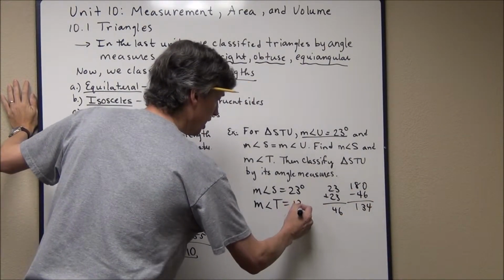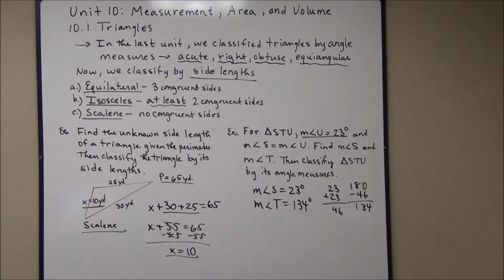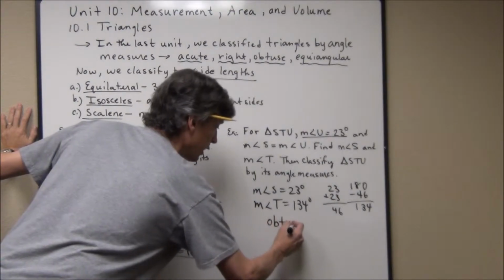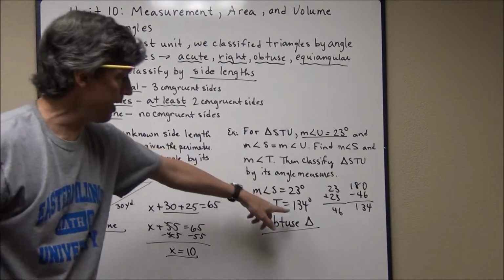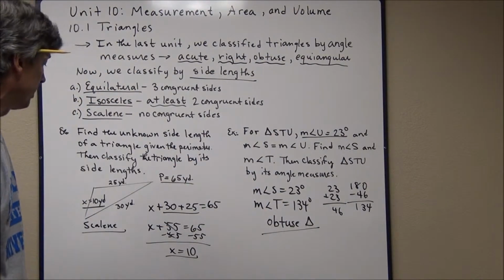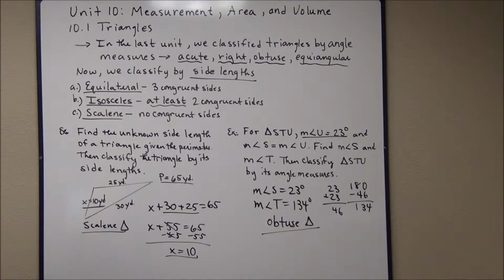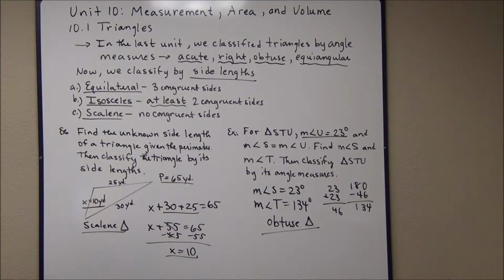So this has to be a 134 degree angle for the measure of angle T. That means I have an obtuse triangle. Classifying it here, an obtuse triangle, because I have one angle that's clearly more than 90 degrees. This one was a scalene triangle. The little triangle symbol represents just that, a triangle. So you can go ahead and write that down instead of the word. Alright, we're going to go ahead and look at some other types.